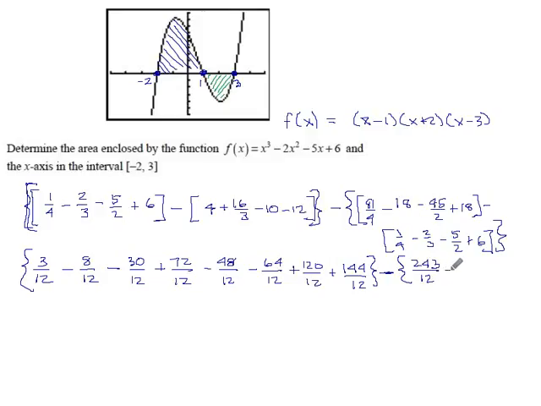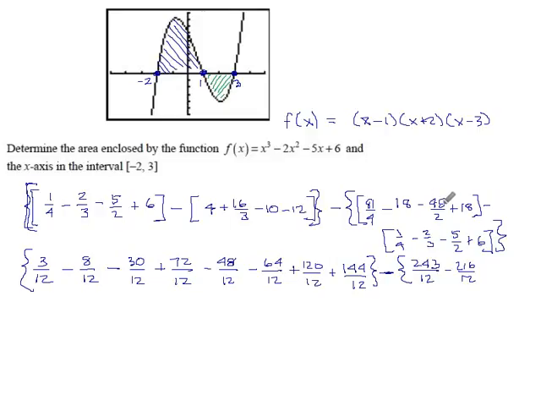Minus 18 is minus, oh boy, every one of them is worse than the next, 216 twelfths. You know what? For these, I don't need that same. Yeah, I'm going to need twelfths. Sorry, I take that back. I was thinking I could use a different common denominator for these, but in the end, I'm going to need twelfths anyway, so I might as well just suck it up and get it done.